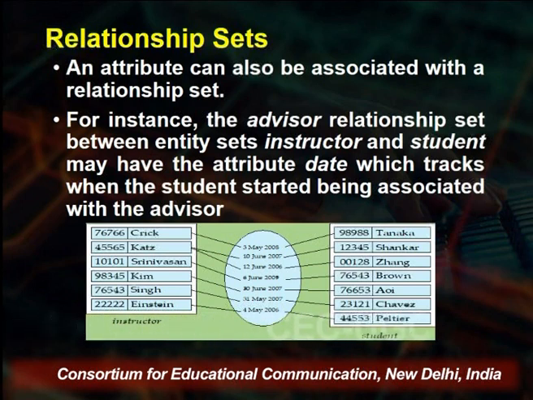It may have the attribute date, which tracks when the student started being associated with the advisor. For example, Crick became the advisor of Tanaka somewhere around 3rd May 2004. So here the relationship advisor also has an attribute.